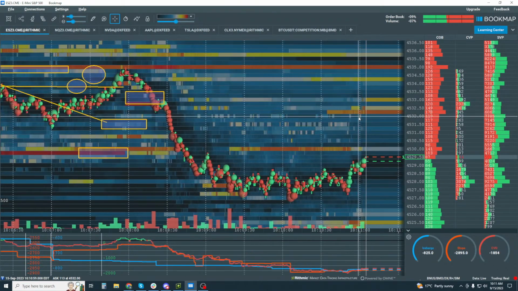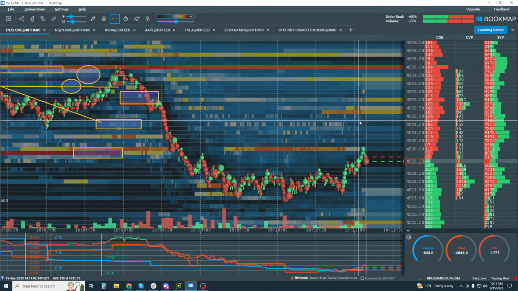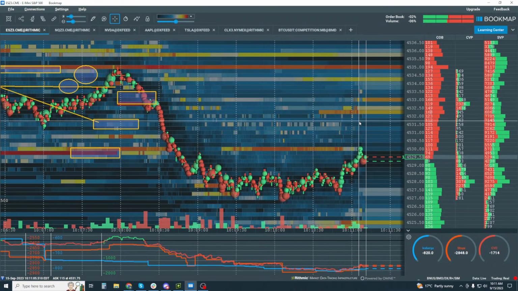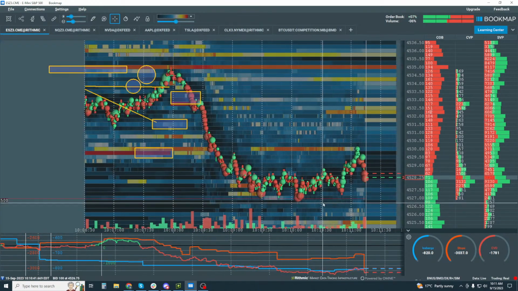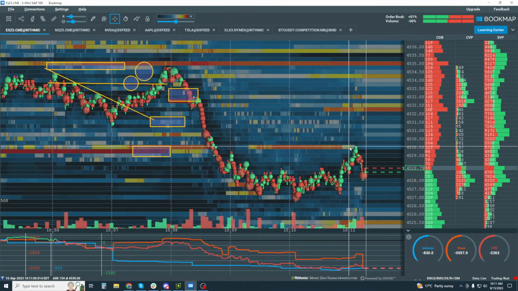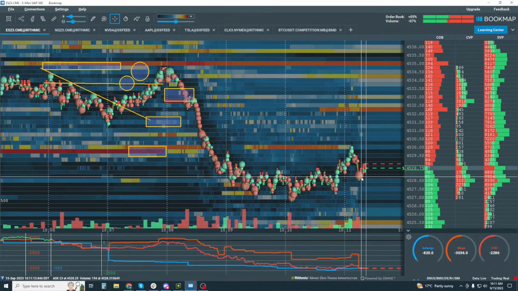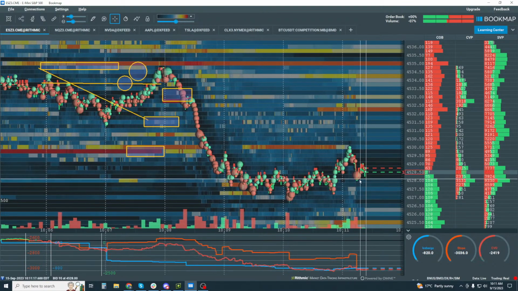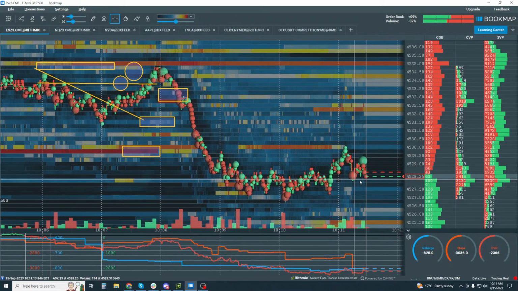Just looking for a quick order flow read before we move on to other things here. All right, so we traded into the 30 liquidity here, did not get through it. We see more sellers starting to come in. We see sellers here at 28. It has to be at 28.